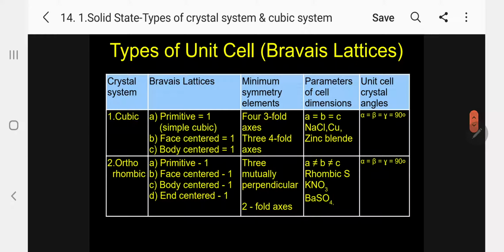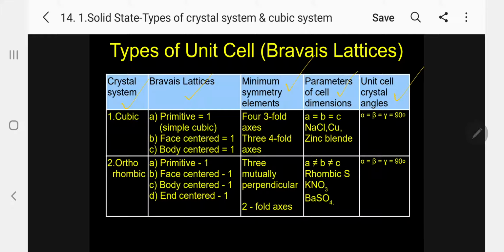Now I am going to introduce to you that, according to Bravais lattices, there are 7 crystal systems and 14 crystal lattices available. So I am giving it in the form of a 5-column table: crystal system, Bravais lattices, minimum symmetry elements, intercepts, and interfacial angle.